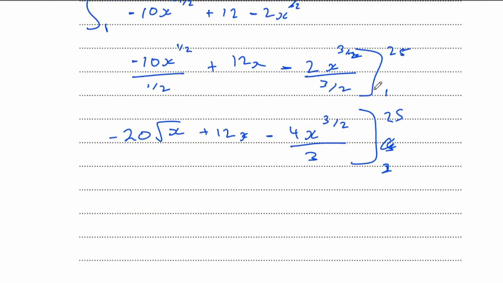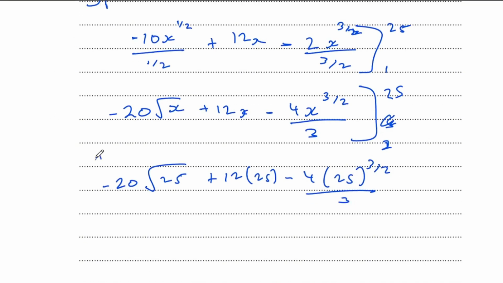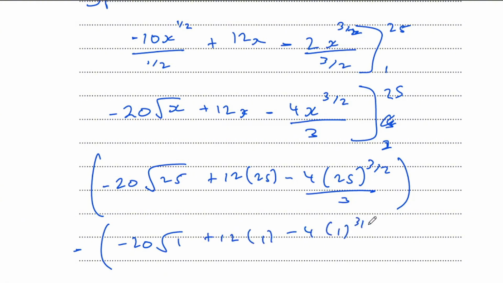Yes, and we're going to put both the limits in, so negative 20 root 25 plus 12 times 25 minus 4, 25 power 3 over 2 over 3, and this entire thing we're going to subtract by, we put in 1, so negative 20 root 1 plus 12 times 1 minus 4, 1 power 3 over 2 over 3.